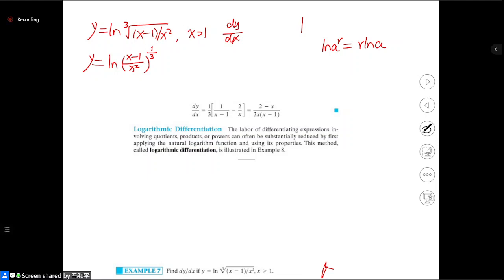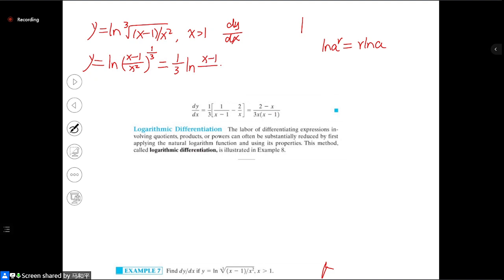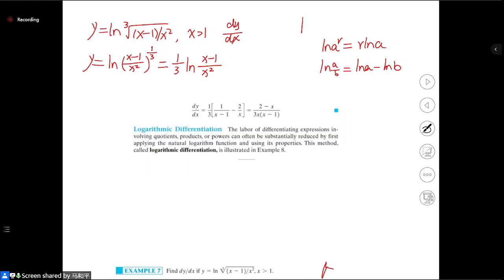Here this power is 1 over 3, so we write 1 over 3 ln of (x minus 1) over x squared, right? Then by the third property, ln of a over b is equal to ln a minus ln b. So we write this is equal to 1 over 3 ln (x minus 1) minus 1 over 3 ln x squared, right?